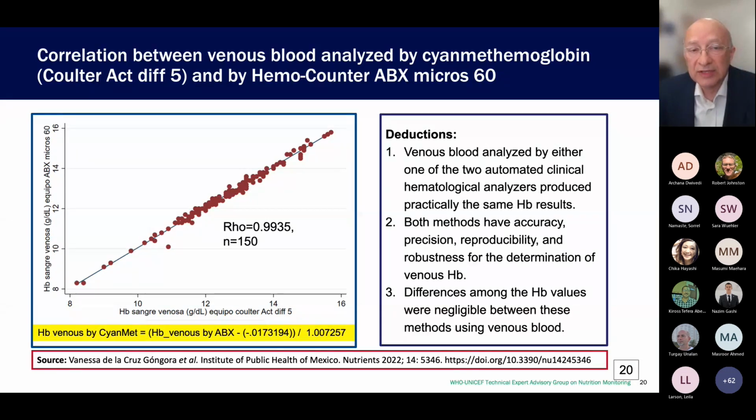This figure shows us the correlation between the two hematological analyzers, with samples coming from preschool children, women, and the elderly, in order to have a range of hemoglobin concentrations between 8 to 16. And you can see the reproducibility, the precision, the accuracy, and the robustness of the method was excellent.